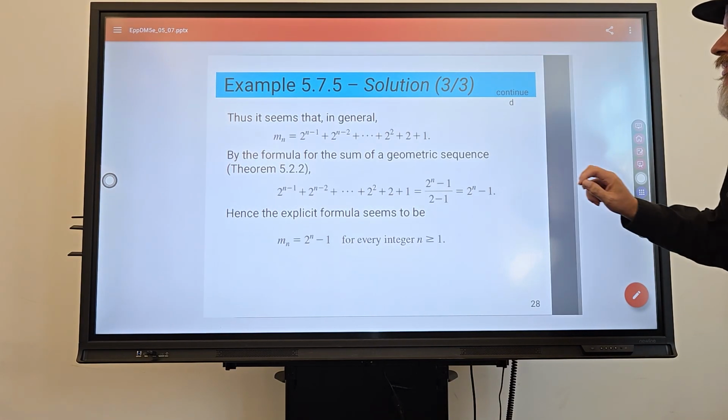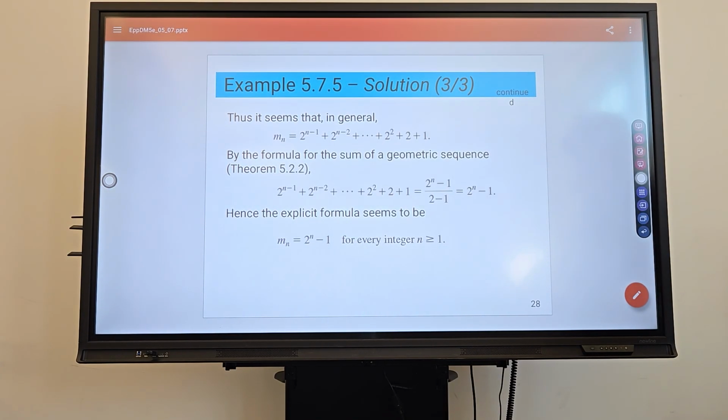All right. So it would seem that in general, m sub n is 2 to the n minus 1 plus 2 to the n minus 2 plus and so forth until 2 to the second plus 2 plus 1.